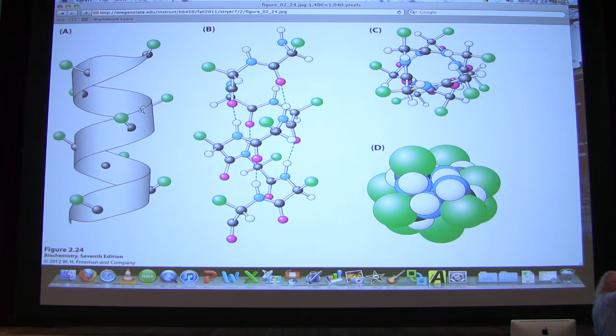It's a coil that goes on and on. You've seen DNA. Everybody's seen DNA. But DNA is a double helix. This is a single helix. Now, this shows three different views of an alpha helix.